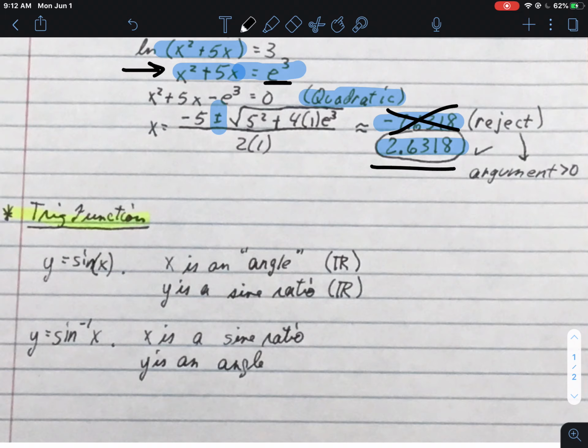Definitely in Calc 2, though, if you're heading into Calc 2, we tend to have to deal with a lot more trig than we do in Calc 1. We'll talk about the trig functions in Calc 1 in the context of finding derivatives and antiderivatives, but you'll see a lot more work with your trig functions in Calc 2 if you're heading in that direction.